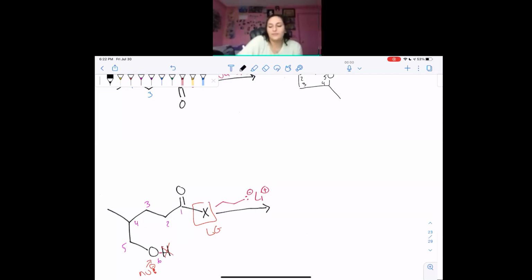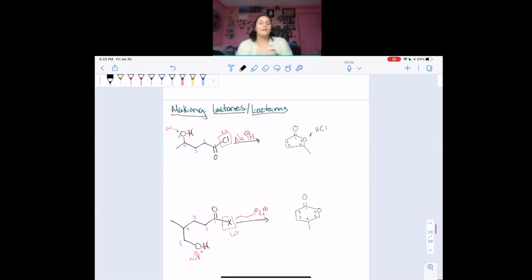So let's draw a 6-membered ring. One, 2, 3, 4, 5, 6. Cool. On carbon number 4, we have a methyl. And that's it.